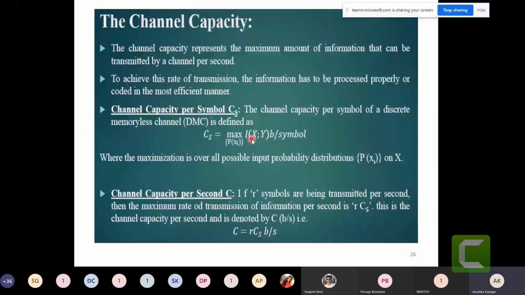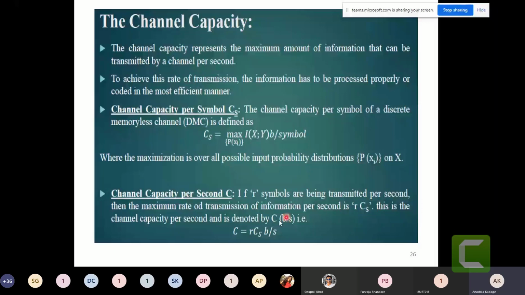To get the channel capacity per second, we say that the transmitter is capable of transmitting R symbols per second. Then the maximum rate of transmission of information per second will be given by R into CS.